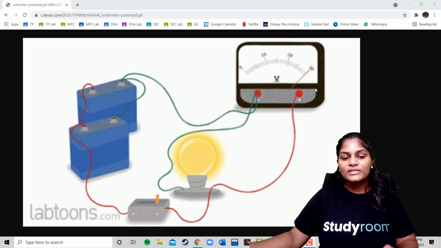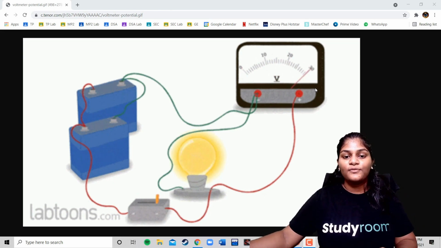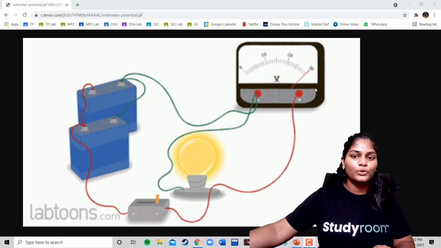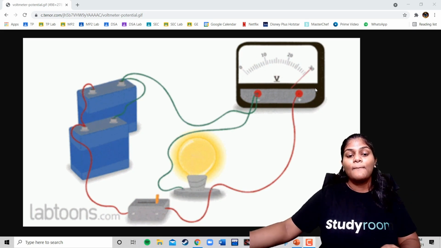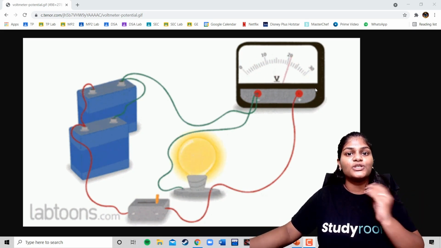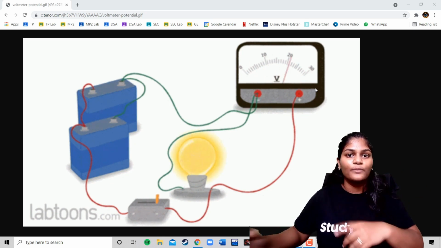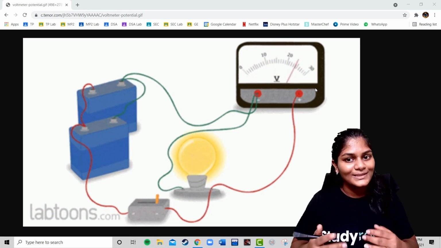And when it's turned to the right side, the circuit is complete. And what does the voltmeter do? As soon as the switch is off, the voltmeter reading goes to 0. That means there is no potential difference between the 2 points. But as soon as the switch is switched on, the voltmeter shows a certain reading, which is nothing but the potential difference between the 2 points in the circuit. Okay.